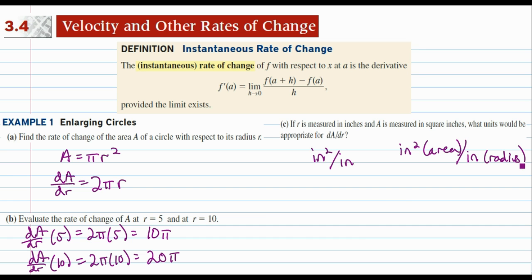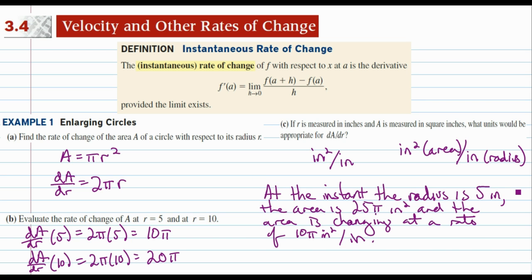So in other words, what we have going on here is a circle, and at the instant the radius of this circle is 5 inches, the area is 25 pi square inches, so pi r squared. And the area is changing at a rate of 10 pi square inches per inch.